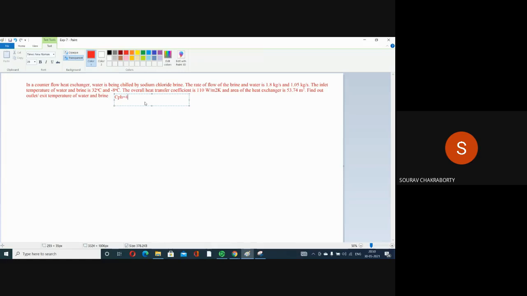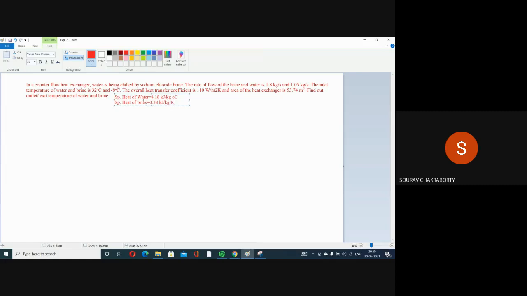So CPH is 4.18. We can write down the specific heat of water equal to 4.18 kilojoule per kg degree C, and the specific heat of brine is equal to 3.38 kilojoule per kg Kelvin.